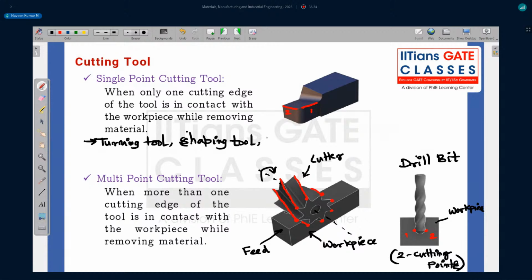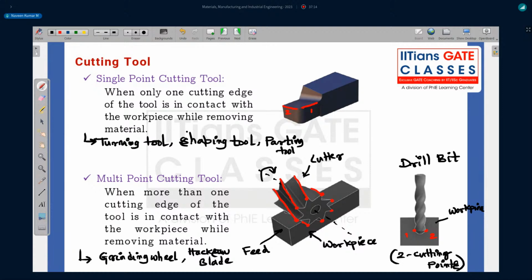The parting tool is also an example. In the case of multi-point, we have examples like milling and drilling. A grinding wheel is another example of multi-point, and a hacksaw blade also is multi-point. All these come under multi-point cutting tools.